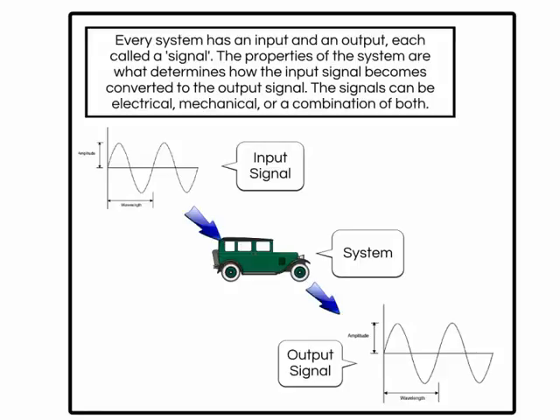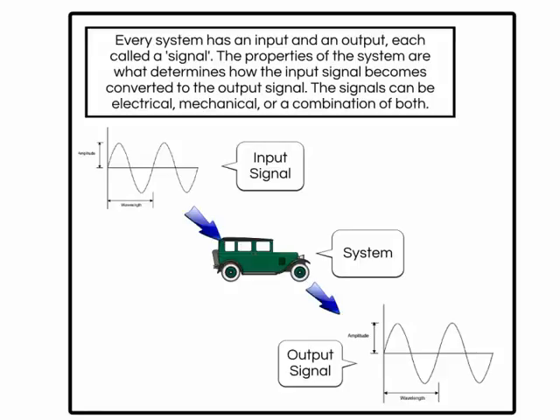Now note that these signals could be electrical, mechanical, or a combination of both. Signals can also be other things like biological or chemical, but we're not going to focus on those since this is a class that focuses mainly on the mechanical and electrical aspects of engineering.